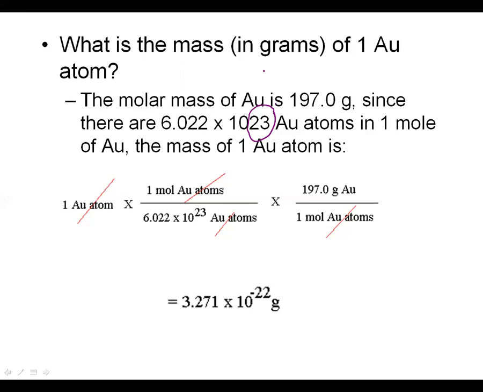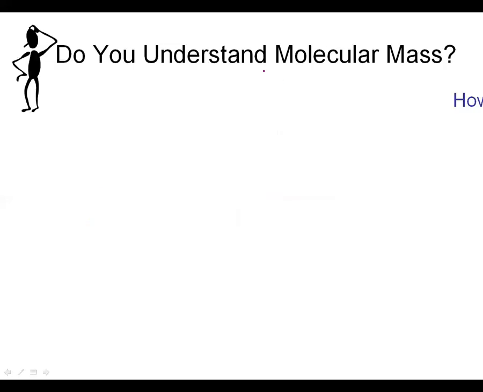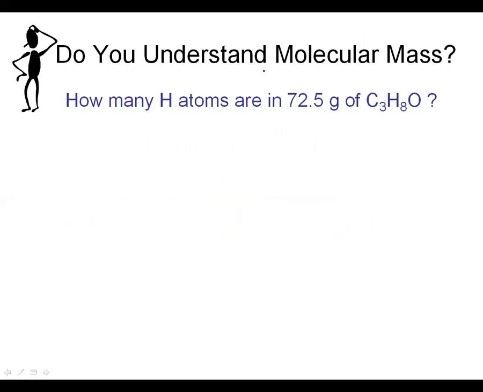Let's take a look at this particular one here, together, just to see how we could do a problem like this. In this particular case, we're looking for how many atoms of hydrogen there are in 72.5 grams of C3H8O.